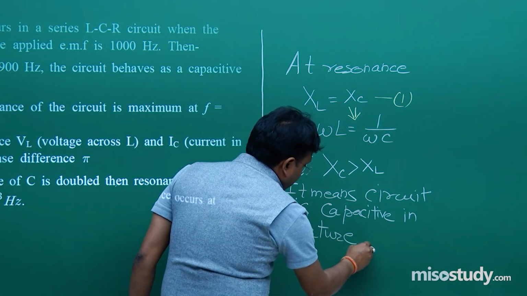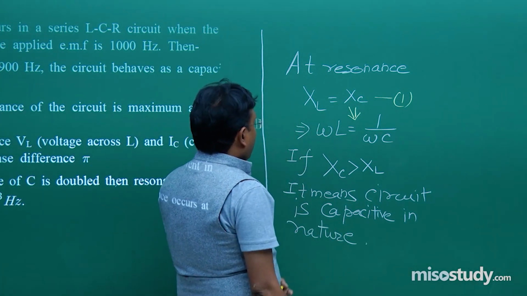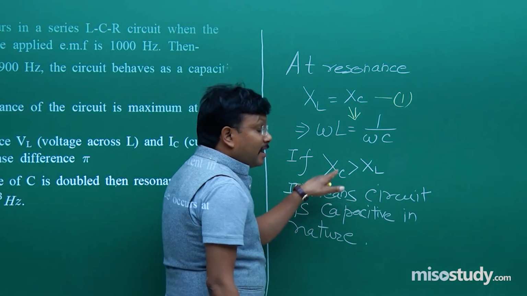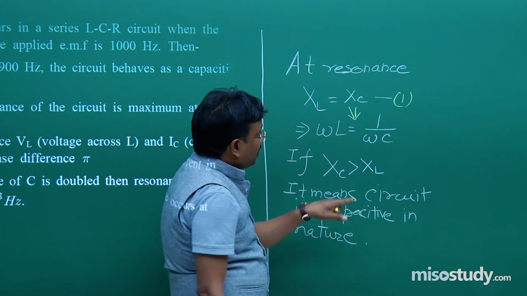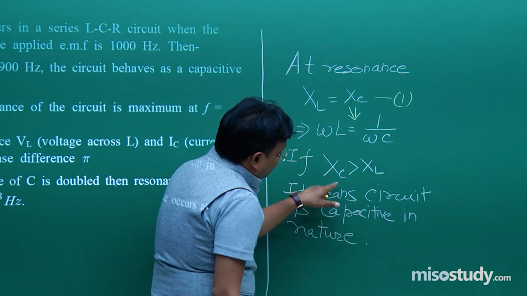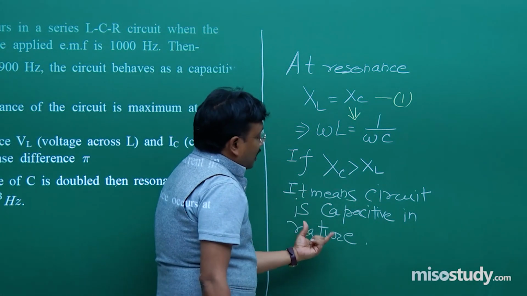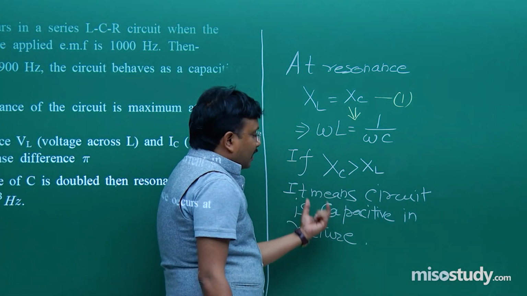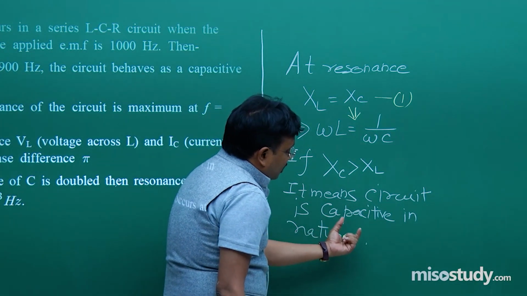Capacitive in nature. Fine. Now, if XC is less than XL, then what will happen? So, if XC is less than XL, then it means circuit is inductive in nature.